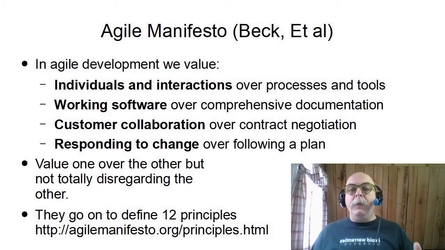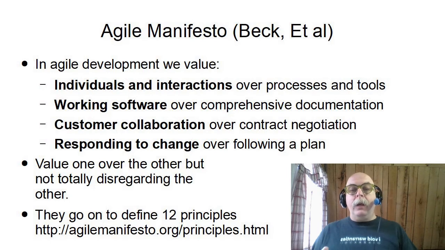And so the Agile Manifesto says that we value individuals and interactions. They're more important than any kind of process or tool. Now, this was developed by a bunch of software developers originally. So what we value is working software over comprehensive documentation. Get something out there that works, and we'll worry about documentation.